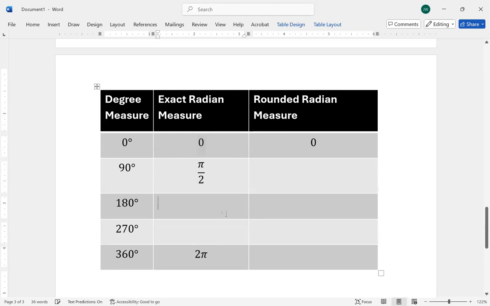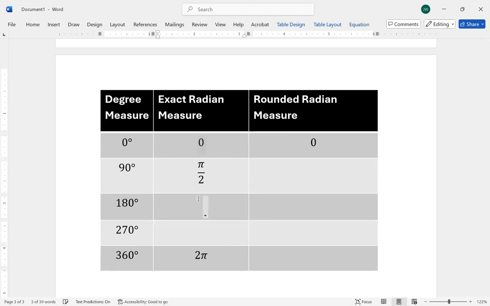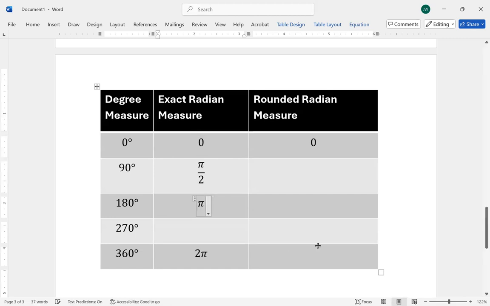So 90 degrees is pi over 2. A half of a rotation is a pi rotation. And 270 degrees, that's like a 3/4 rotation. That's going to be 3 times 2 pi over 4, which is going to be 3 pi over 2.